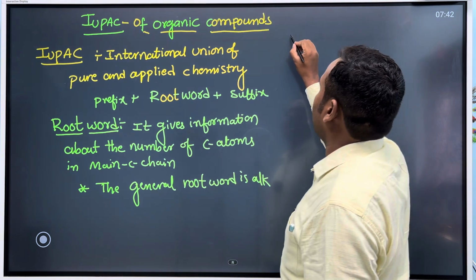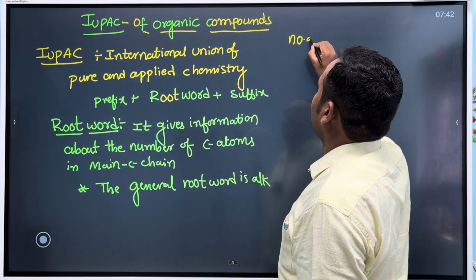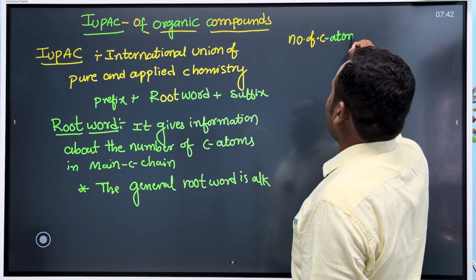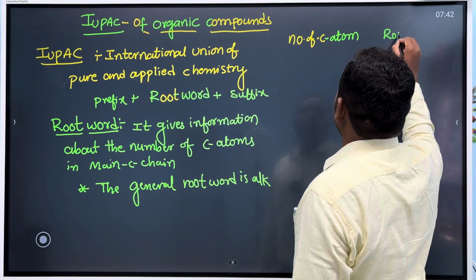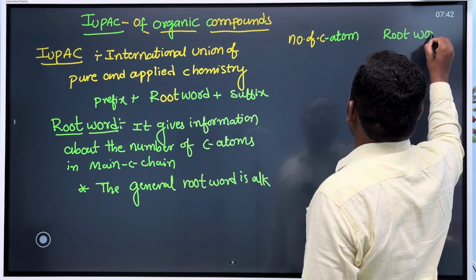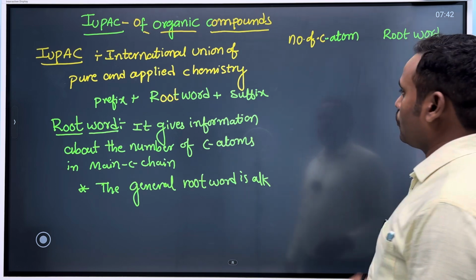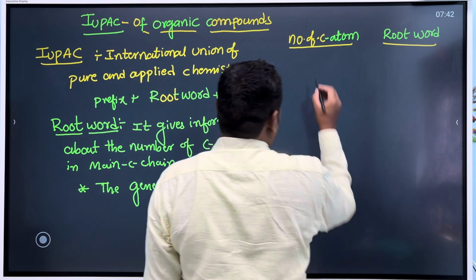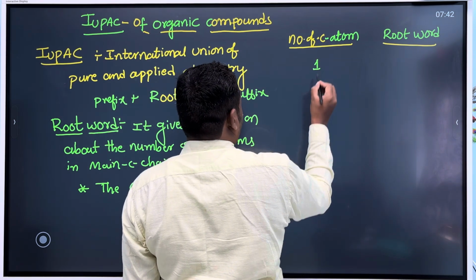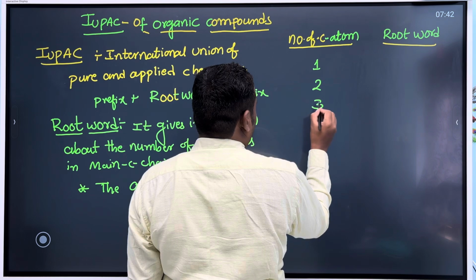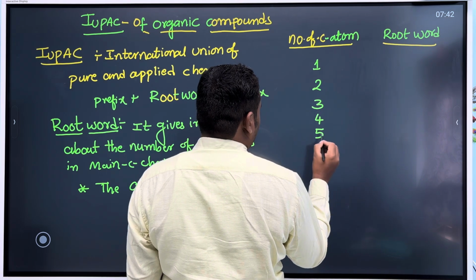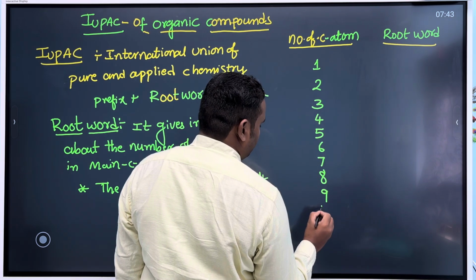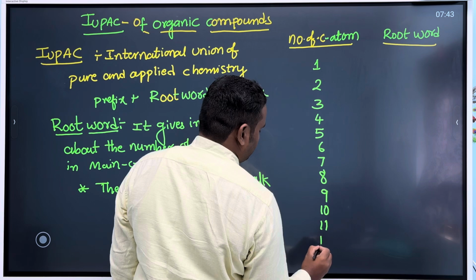So, number of carbon atoms and root word. Let us consider 1, 2, 3, 4, 5, 6, 7, 8, 9, 10, 11, 12, and so on.